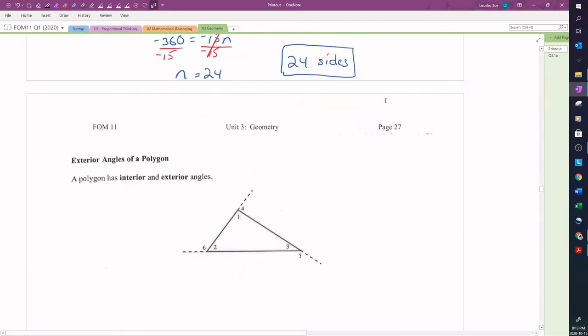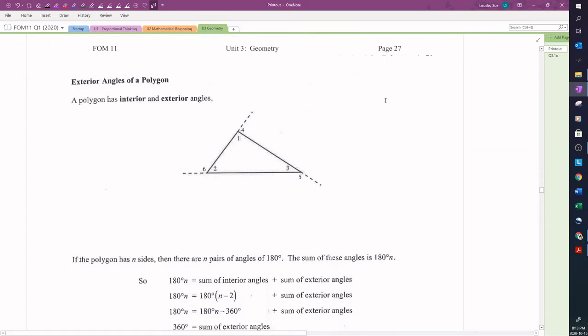Okay. All right, let's talk about the exterior angles of a polygon. So here we have interior angles. Angle 1, angle 2, angle 3.